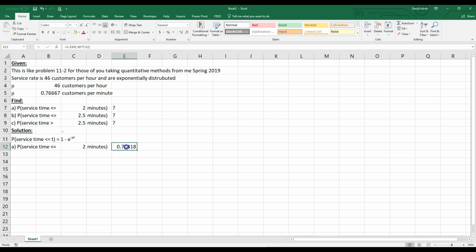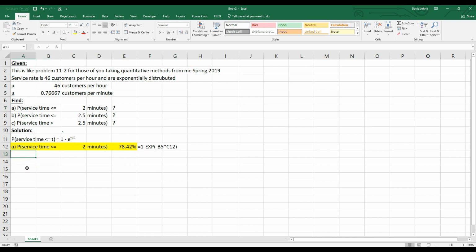So the probability that it's going to be less than or equal to 2 minutes, make that a percent, is 78.42%. So there's a 78.42% chance that if you have this service rate and it's exponentially distributed, you're going to get them served in 2 minutes or less.